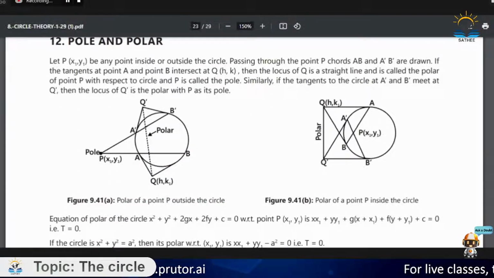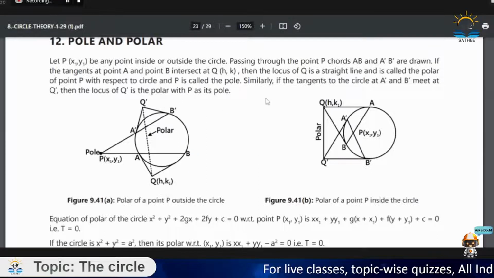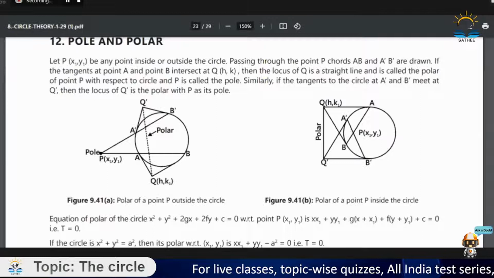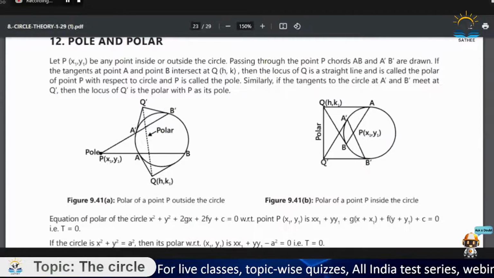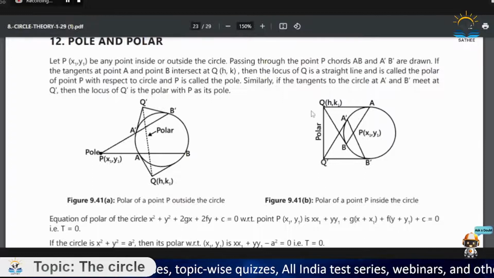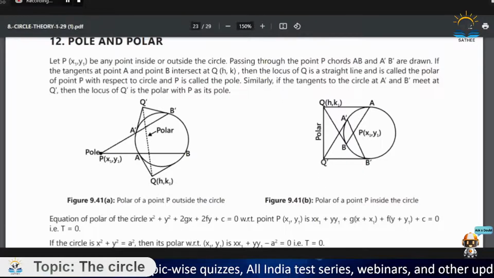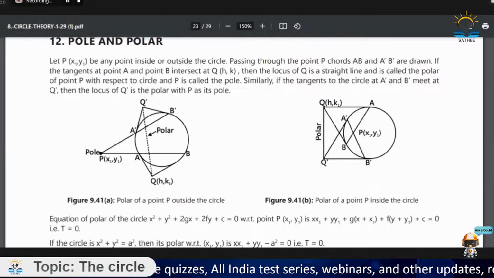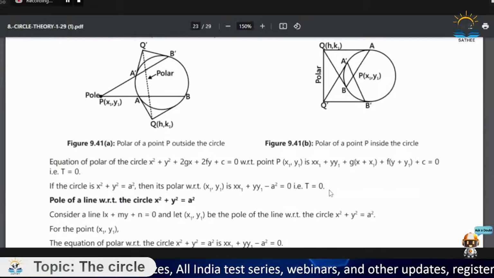Similarly, if the tangents to the circle at A dash and B dash meet at Q dash, then the locus of Q dash is the polar with P as its pole. Suppose P was inside, then also this line Q and Q dash would be known as the polar.